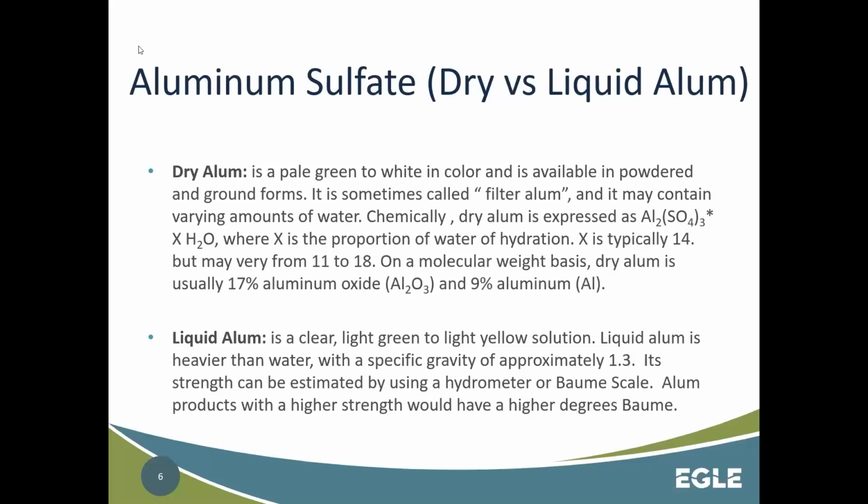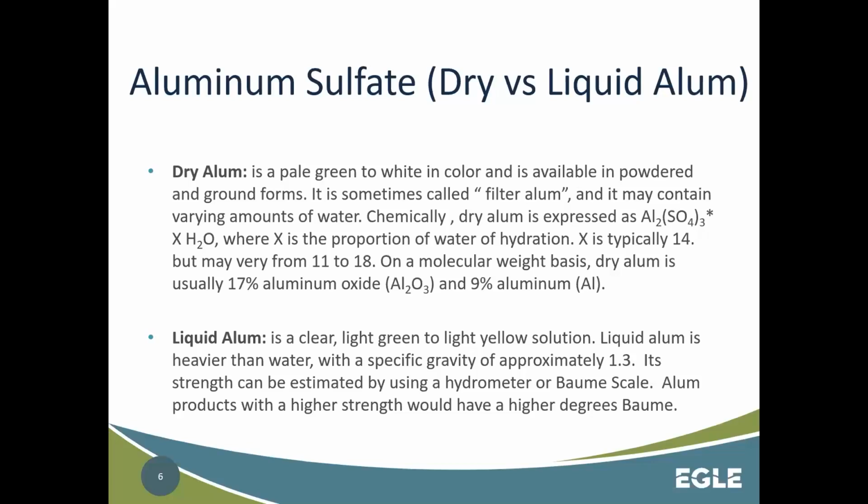One of the most common coagulants is aluminum sulfate, more commonly referred to as alum. It comes in two forms, dry and liquid. Dry alum is pale green to white in color and is available in powdered and ground forms. It's sometimes referred to as filter alum, and it can contain varying amounts of water.